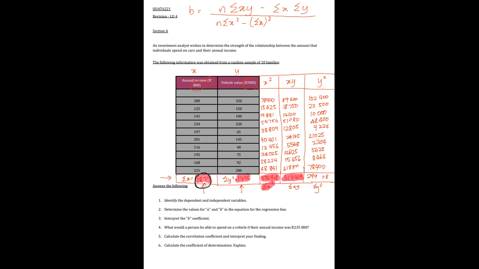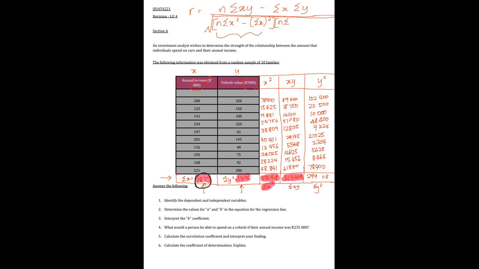Now, for the formula for R, the only thing that is going to change is in your denominator, you will make this a square root. You're going to put this that's already there into its own bracket, and then you're going to further multiply that by exactly the same thing that you did here, but where there's x, you're going to replace it with y.